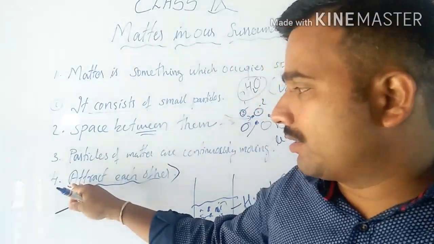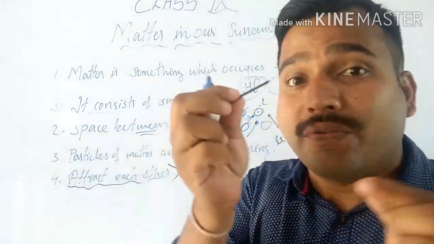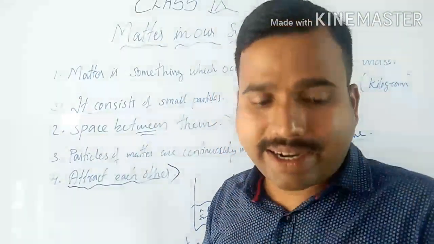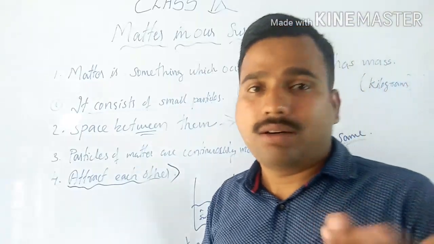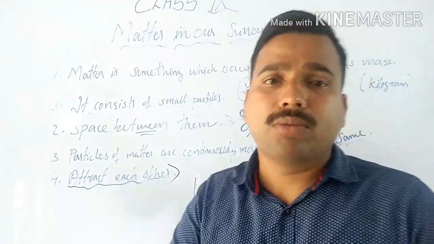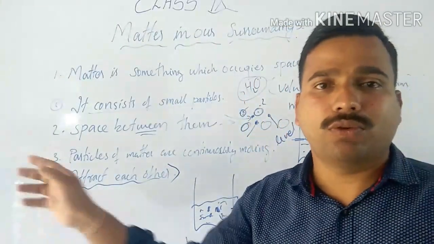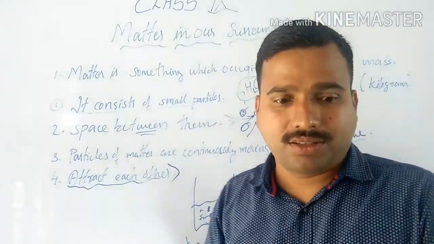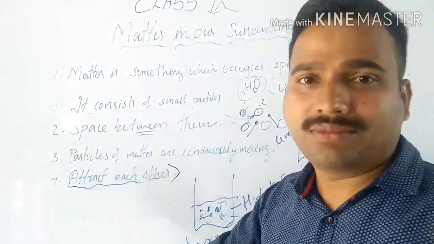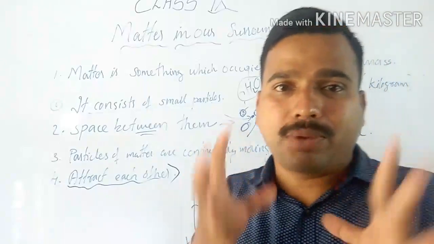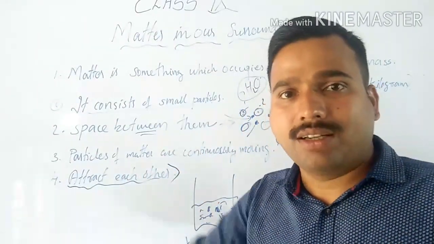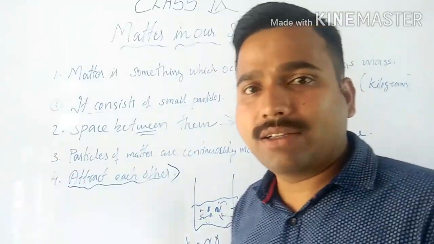The particles have a very high force of attraction, so we cannot break this iron nail with less force. Similarly, you can move your hand through water very easily. With the same force, can you move your hand through a wooden block? You cannot. The particles of water have less force of attraction, so we are able to move our hand through it.